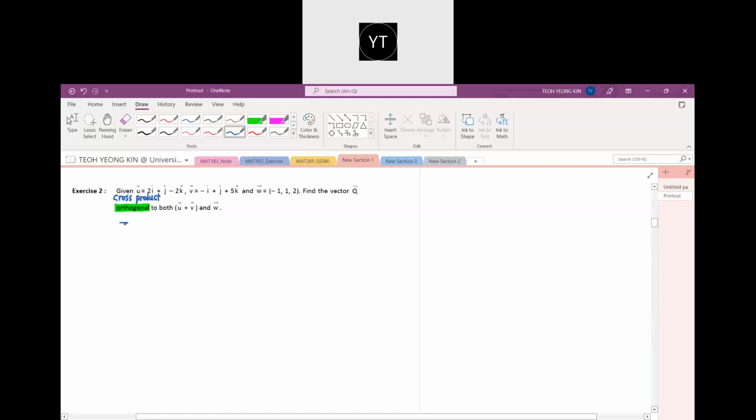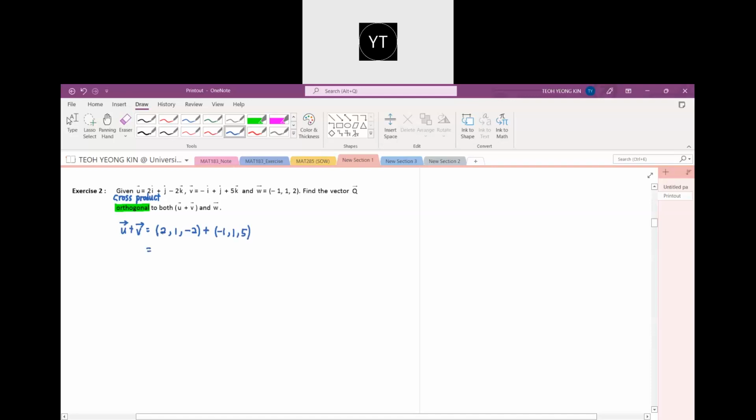So the sum of vector u plus vector v is equals to, let's say I change u to coordinate form, saya tukar dalam bentuk koordinat: 2, 1, and negative 2, plus vector v, which is negative 1, 1, and 5.